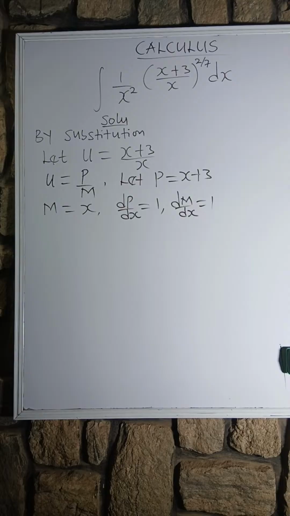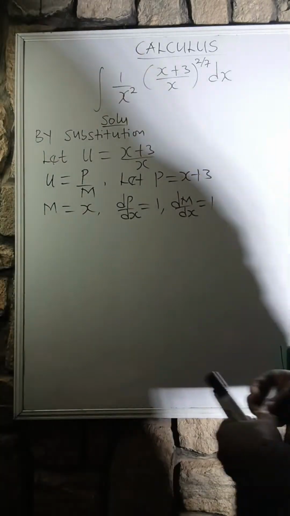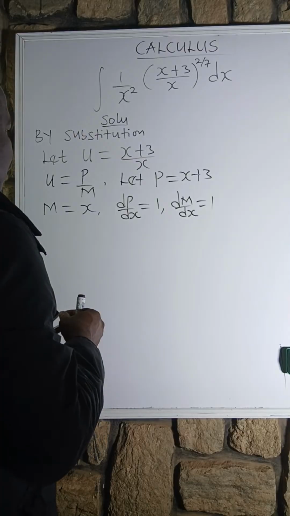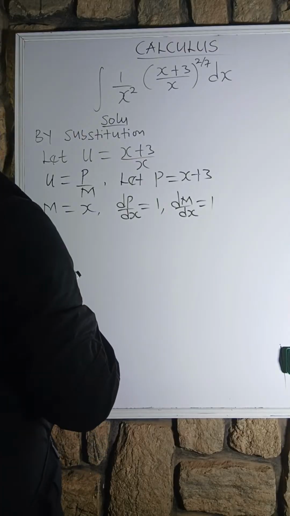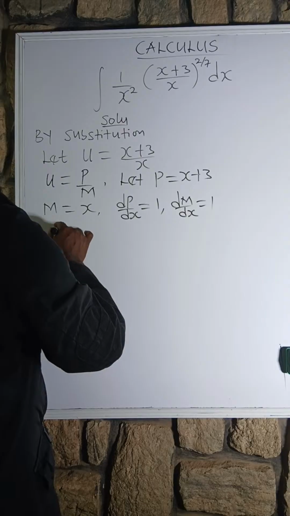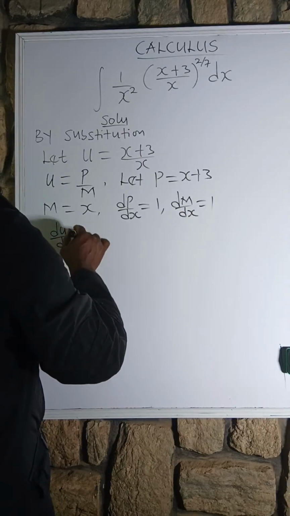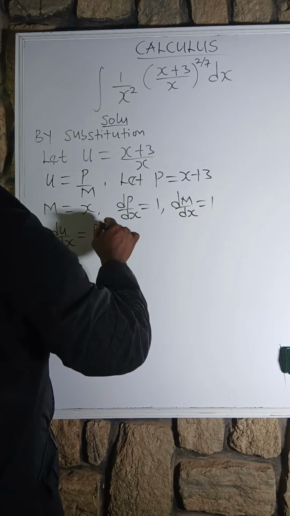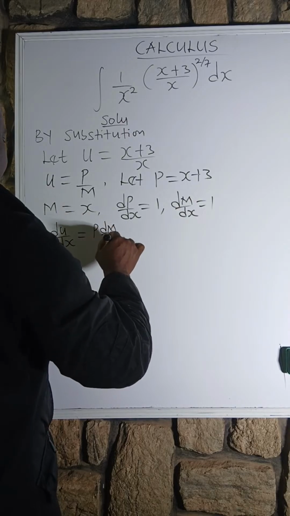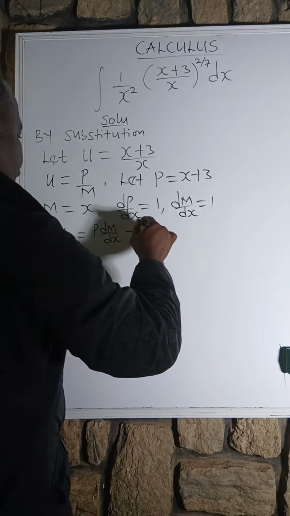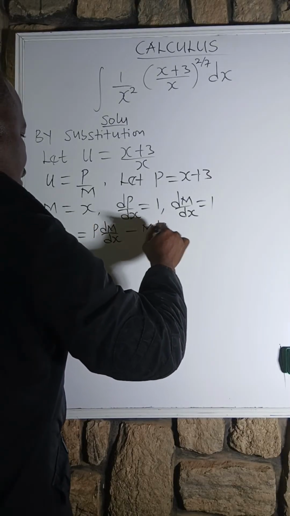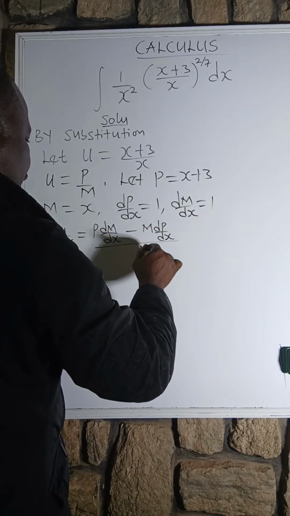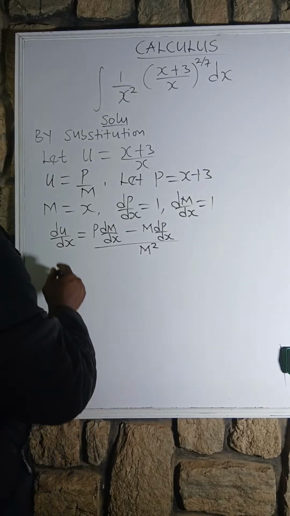So if that is taken, it implies that we have to write du over dx to be equal to p dm over dx minus m dp over dx, all over m squared. So far so good.